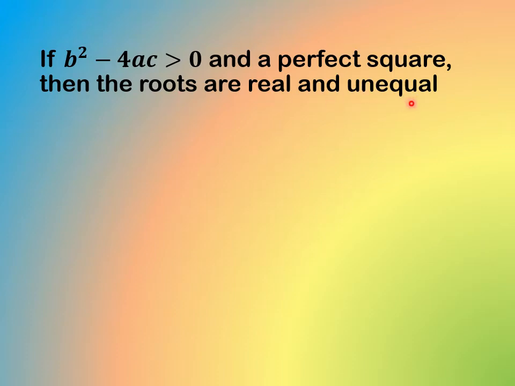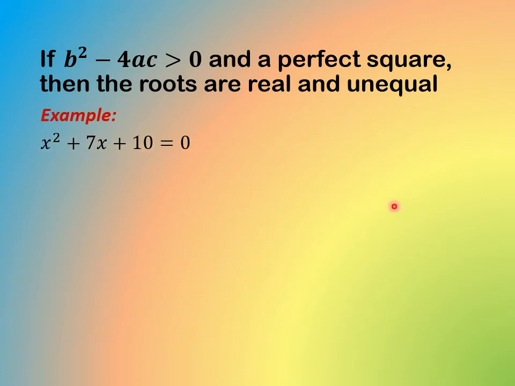Yung kanina, dahil ang discriminant natin ay equal kay 0, kaya ang nakuha nating roots ay real and equal. Dito naman, dahil greater than 0 ang ating discriminant, and we have a condition that it is a perfect square, then the roots that we will obtain are real and unequal.